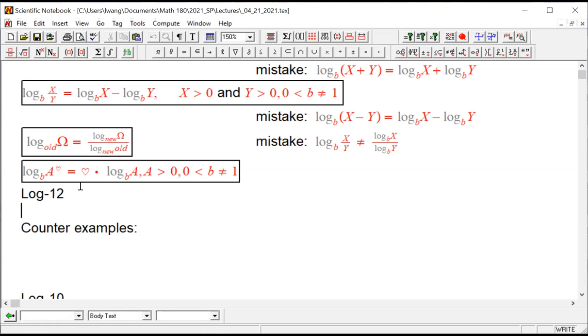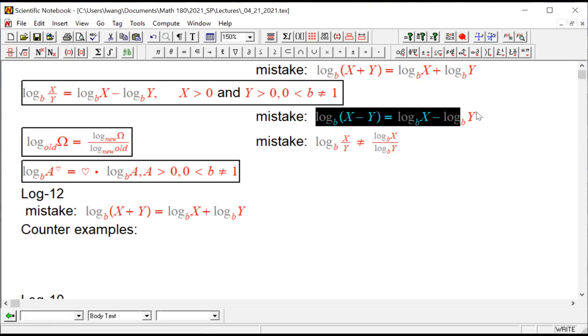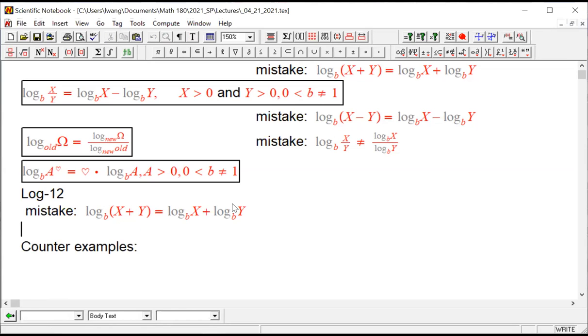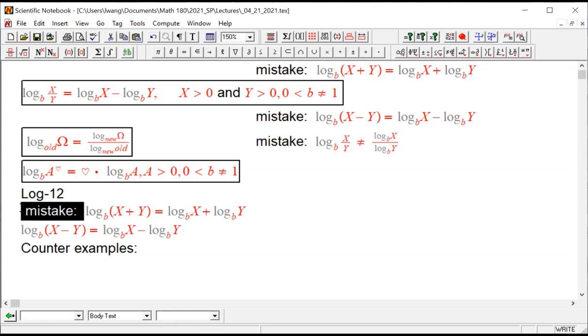Okay, so the examples I'm going to go over with you are by counterexample. How do we stare at those so-called identities and then recognize they're wrong? Okay, so for some people, they really don't want to derive it. Okay, in log 12, I have these. So the question was asking us to give counterexamples.